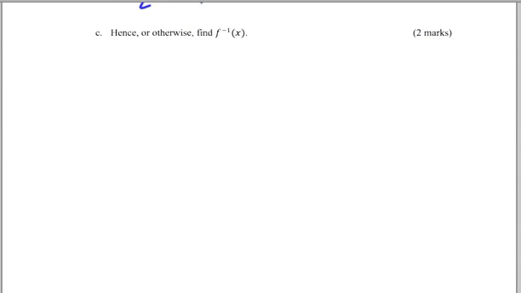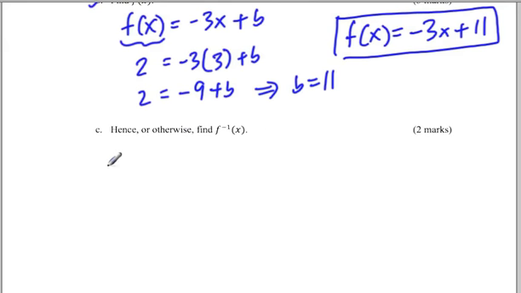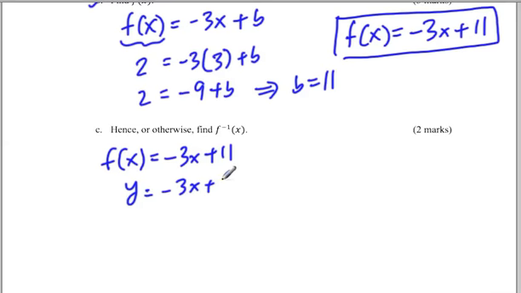Okay, and finally, let's do this one. Hence or otherwise, find f inverse of x. So we just determined that f of x is equal to negative 3x plus 11. So in other words, if we want to find the inverse, this is simply y equals negative 3x plus 11. Switch x and y. X is equal to negative 3y plus 11.